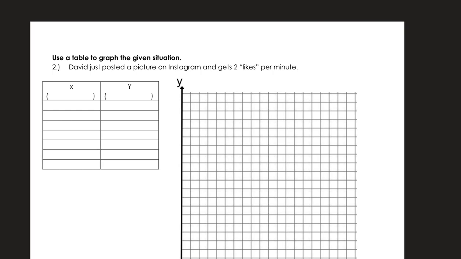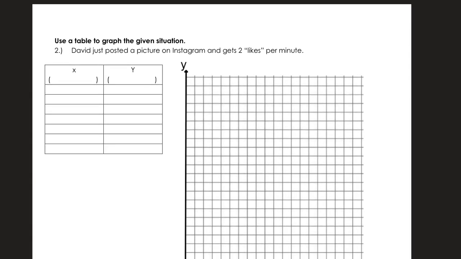Okay, here's our next situation. Let's read this together. It says, David just posted a picture on Instagram and he gets 2 likes per minute. So we have 2 different things here. It looks like we're talking about the number of likes we get and how many minutes since we posted that picture.